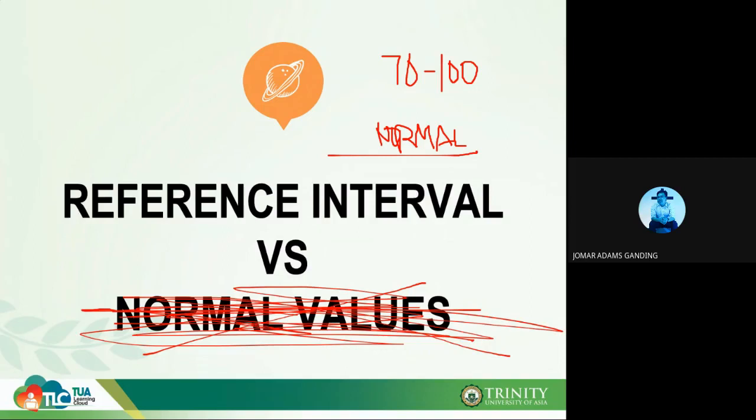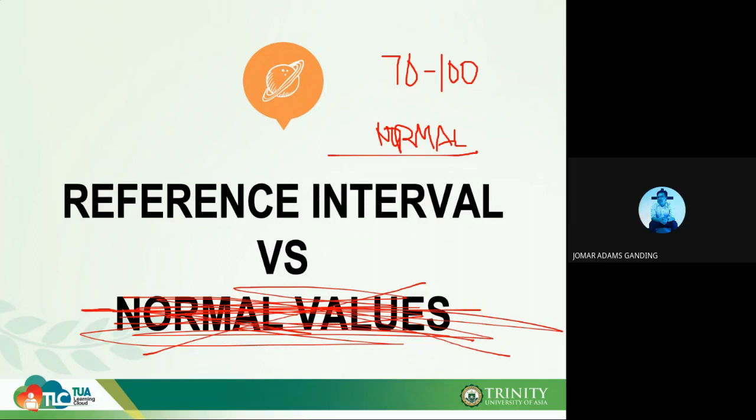No. That is the reason why I am telling you now, ladies and gentlemen, my dear students, children, never ever use the term normal values anymore. Why? Because when we are using the term normal values, it would just depict that a particular result is already normal.